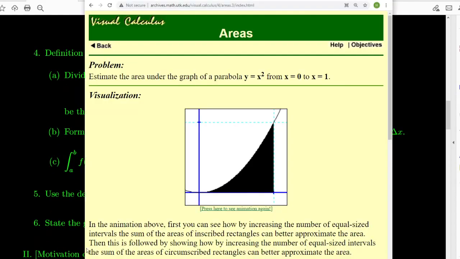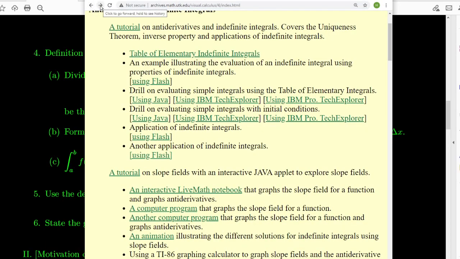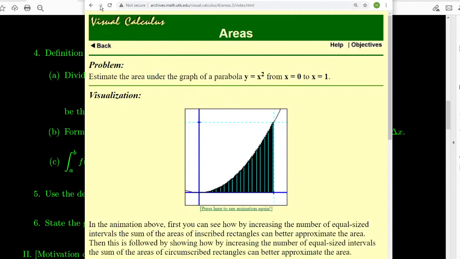So probably I can play the animation again. Okay. Actually, we are going to do the following. Now watch the screen. To make the estimations better, we are going to increase the number of subintervals.